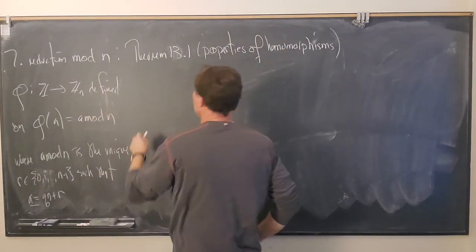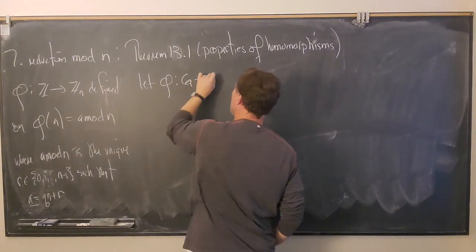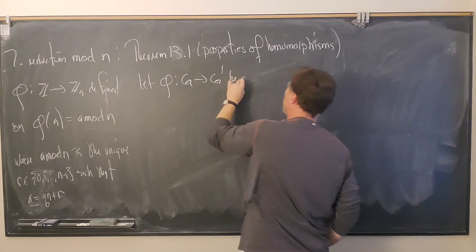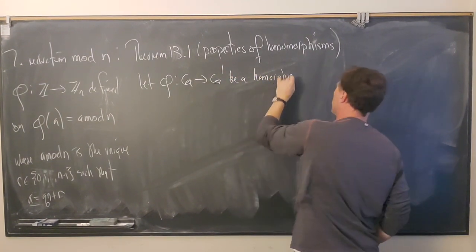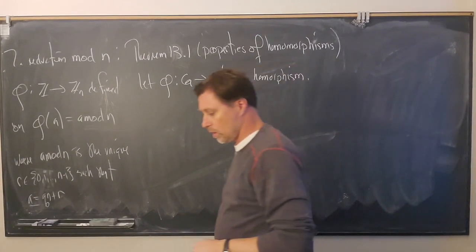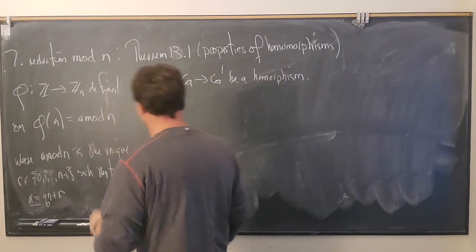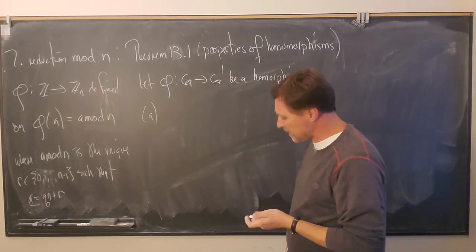Now, okay, so let's let phi from G to G prime be a homomorphism. There's going to be 5 pieces to this, and you will have seen some of these already.